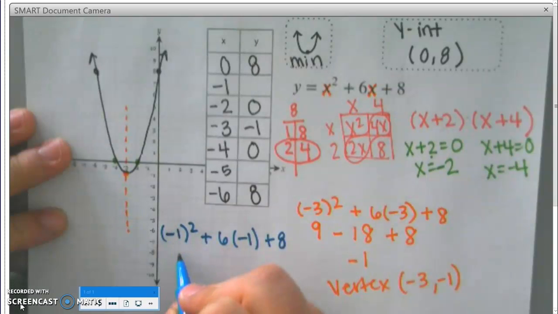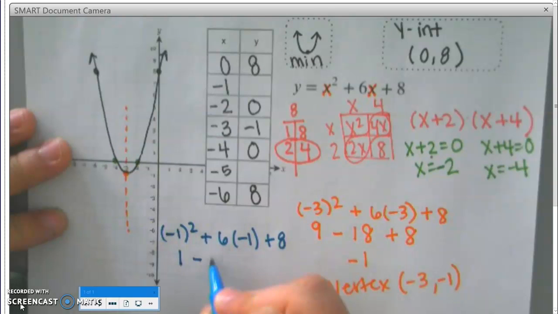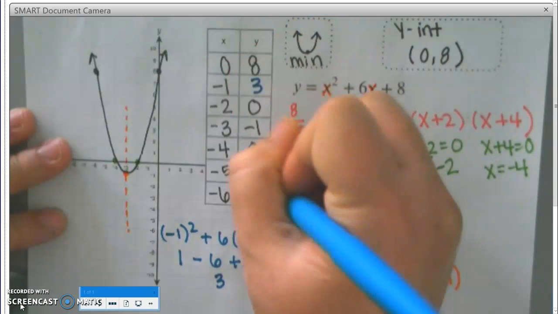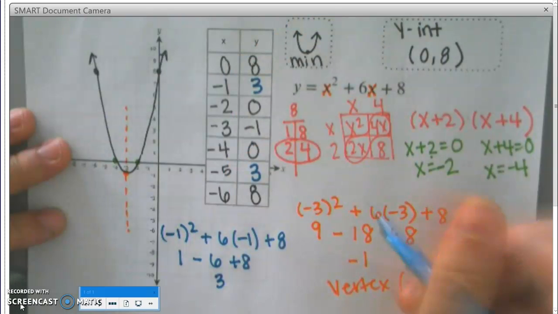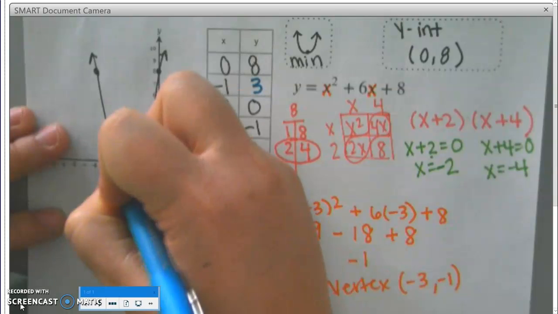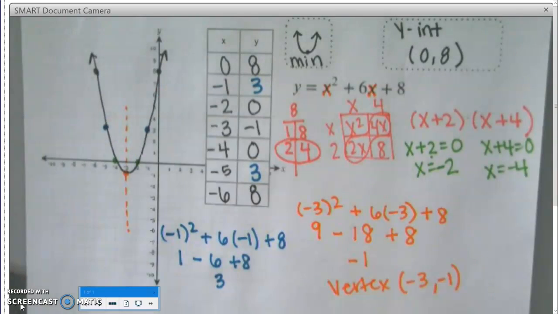Negative 1 squared is 1. 6 times negative 1 makes that negative 6 plus 8. And when I put that all together, I'm going to get 3. So those 2 points are negative 1, 3, and negative 5, 3. Because of the symmetry, I know those two have to be the same.